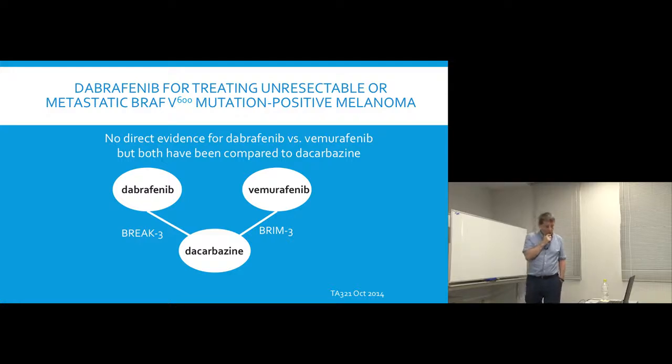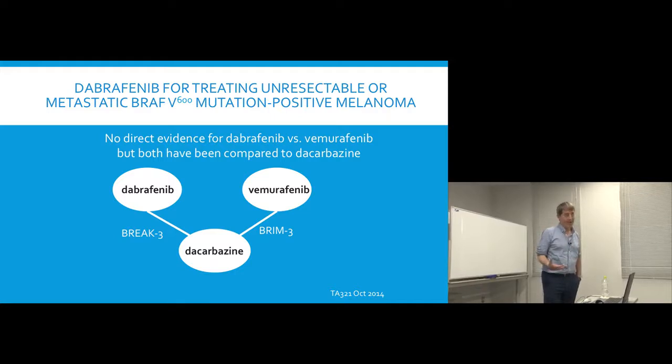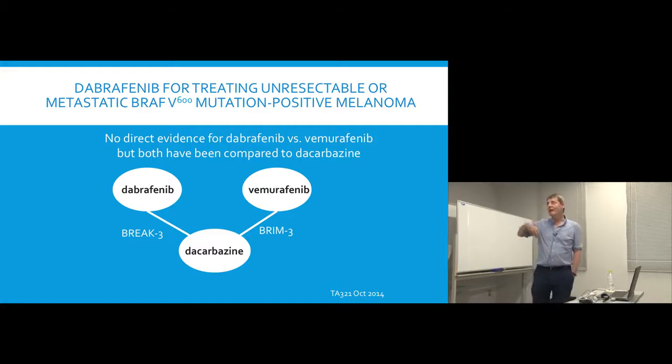What quite often happens is that a manufacturer has individual data on their product. In fact, they always have. They are the people who have the individual data on their product. But if the other drug is made by a rival, they've only got aggregate data.